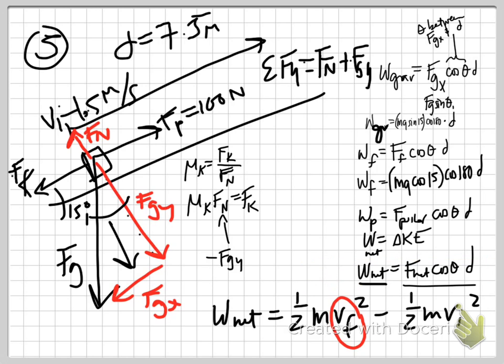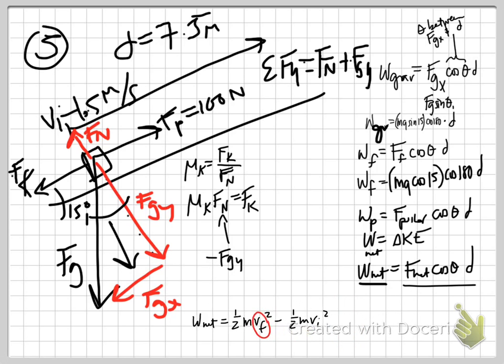Here, let's back that up a second. Okay. Let me shrink this. Ooh, it's responding very slowly. I don't know why. Okay. So delta KE is equal to the net work, which is equal to the net force times cosine theta d.